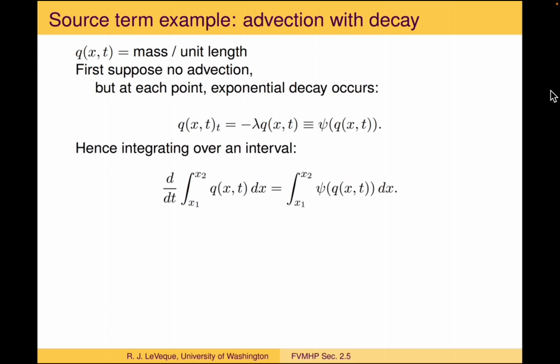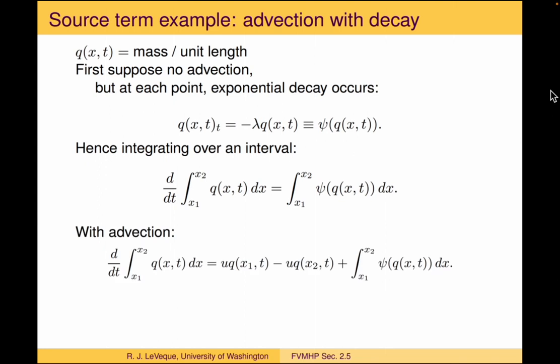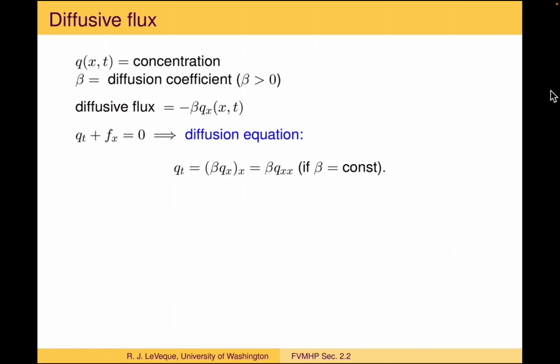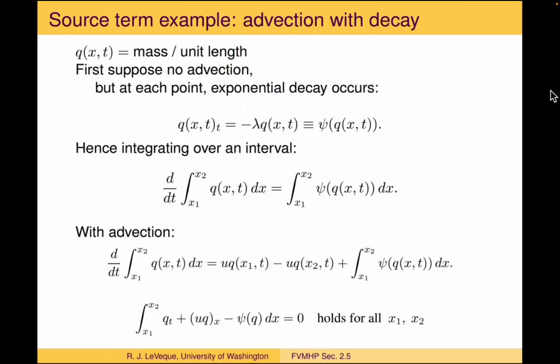If we didn't have any advection, we would just have exponential decay of this particular isotope everywhere in the pipe. But if we add this now to advection, so if it's also flowing at the same time that it's decaying, then we end up with qt plus uqx equals psi of q as our conservation law in that case.